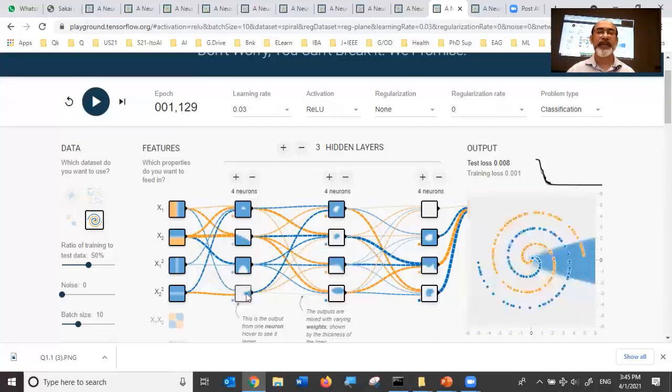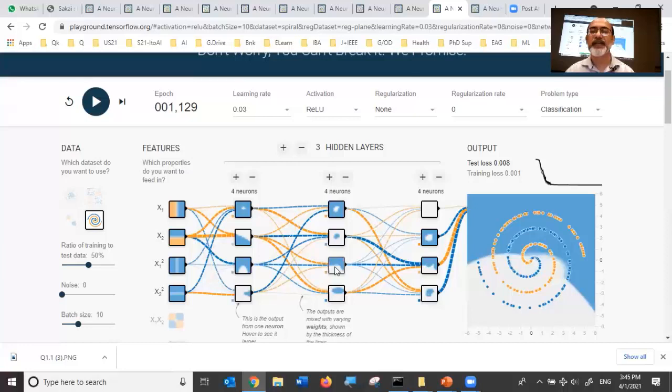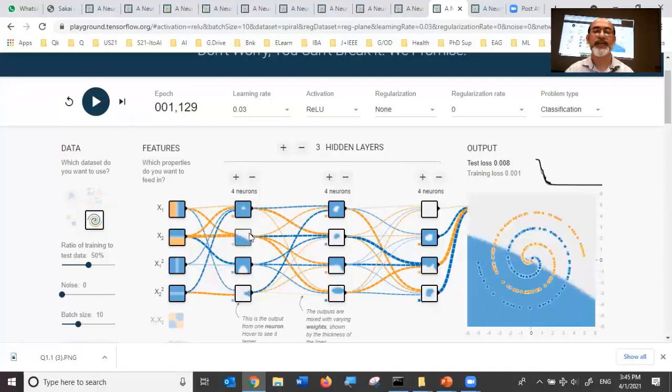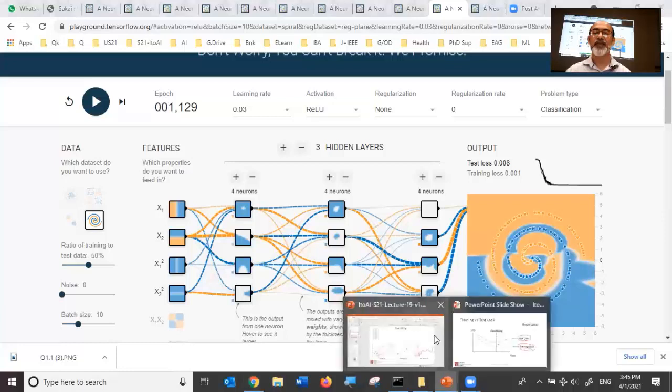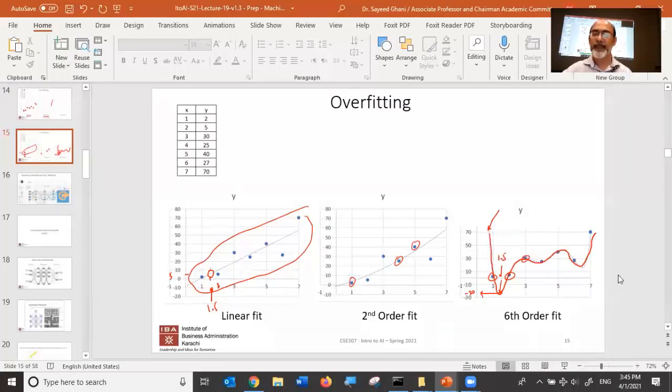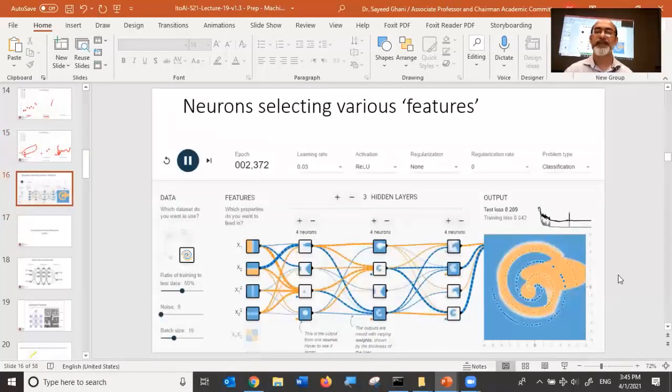So let's take a look at this. This is focusing on some features in the center. This is focusing on some data over here, and so on. You can see that each one of them combined together have now been able to do a good job. Let me show you another example which is a little bit better to understand. Yeah, this is the one.